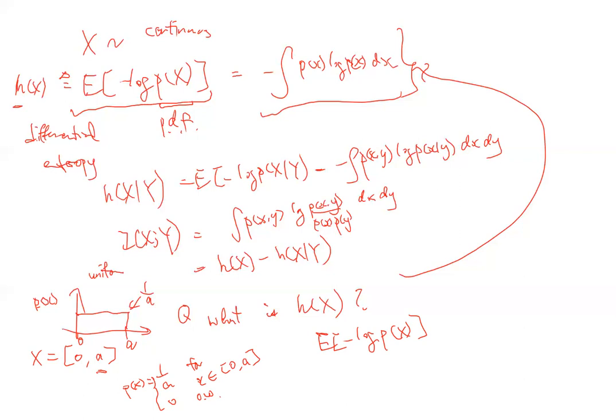So that constant is just equal to 1 over A. So I have log 1 over A here, with the minus, so that would be log A. And the expectation of a constant is just itself, so I can pull it out. So it's simply equal to log A.